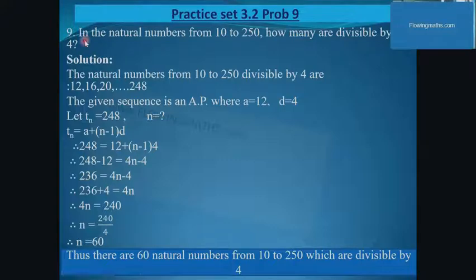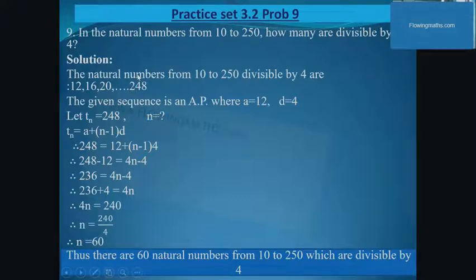Problem 9. In the natural numbers from 10 to 250, how many are divisible by 4? We have solved a similar problem before, where we had to find how many numbers are divisible by 5.